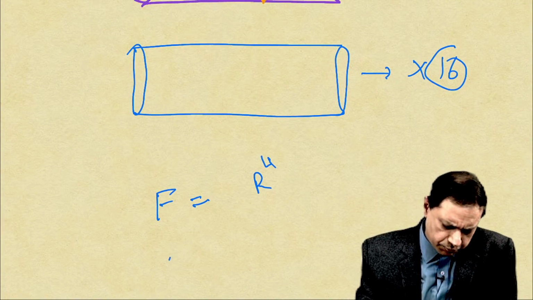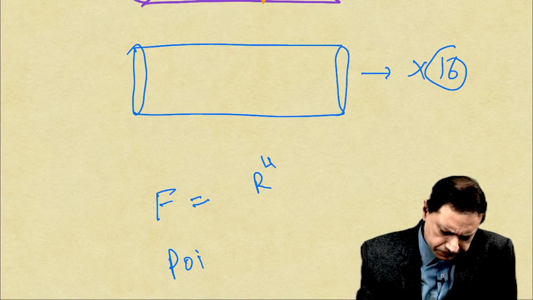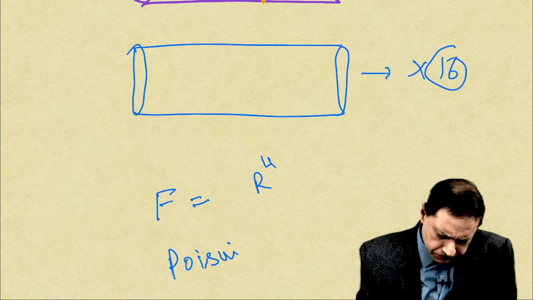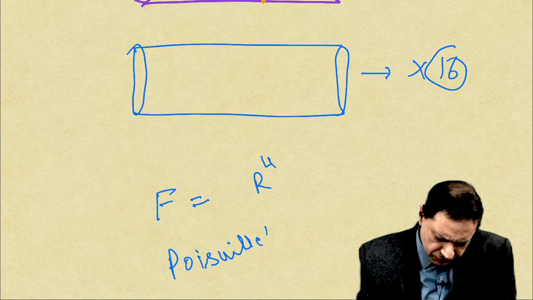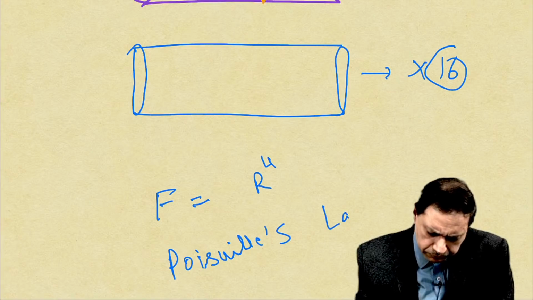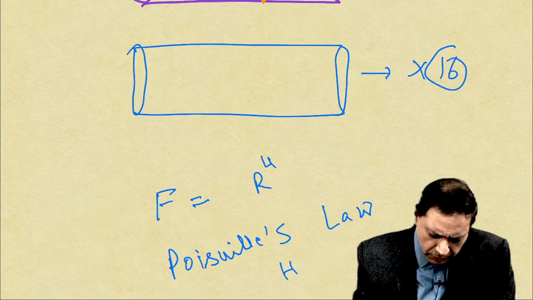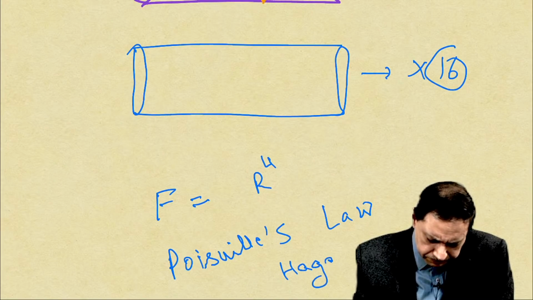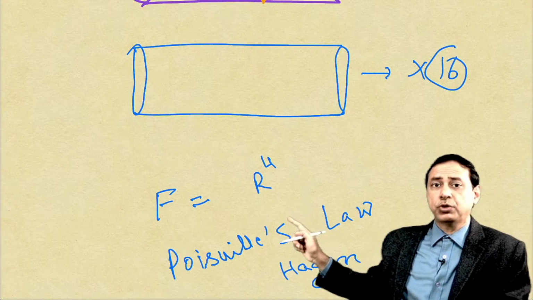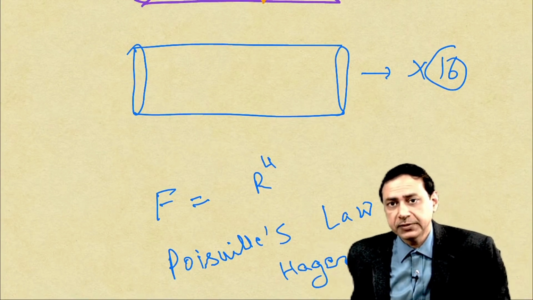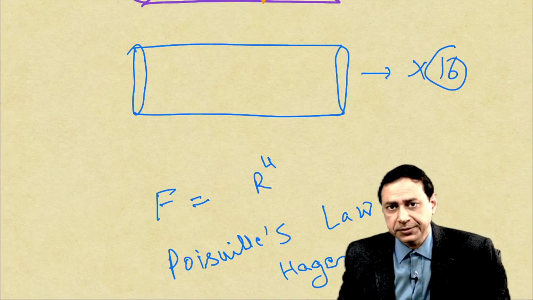This is known as Poiseuille's law, Poiseuille's formula. Raised to the power 4.